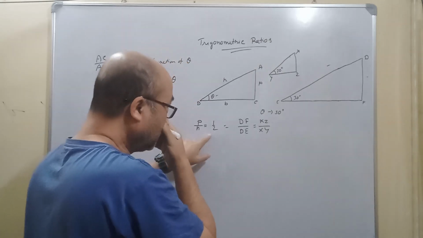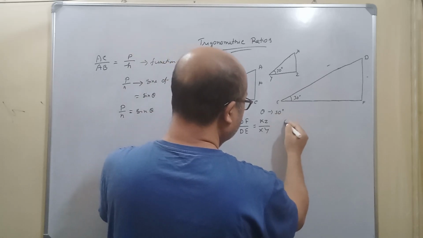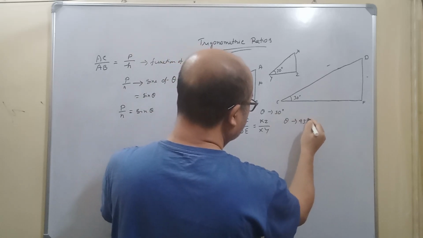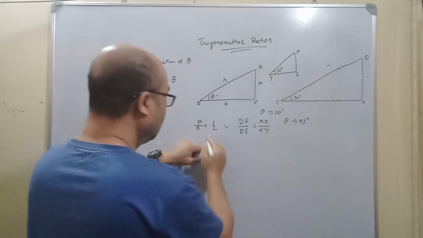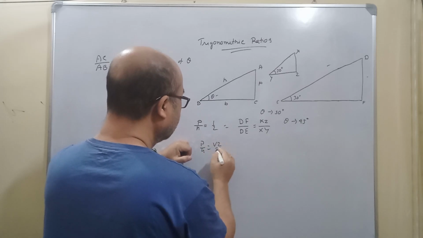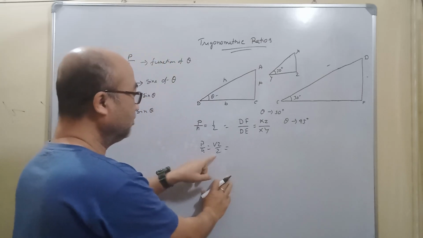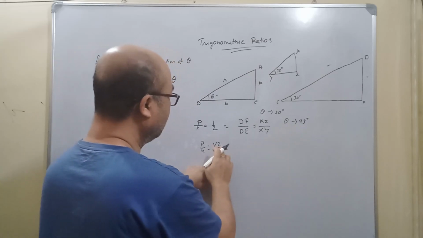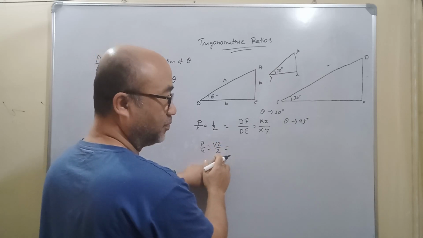Now when theta changes, suppose from 30 degree theta becomes 45 degree. Now the value of P by H becomes something like this. Okay? If theta is 45, now the value of P by H becomes root 2 by 2.